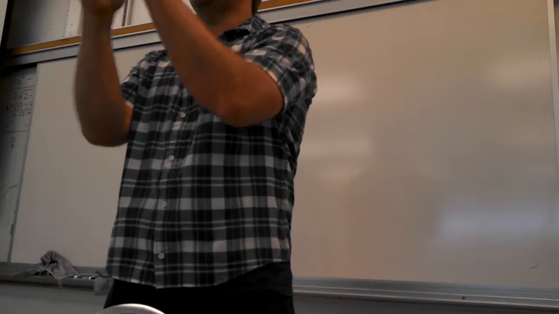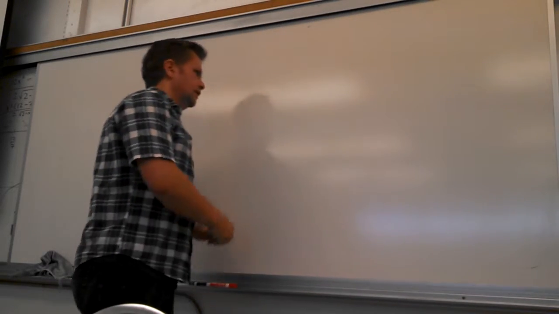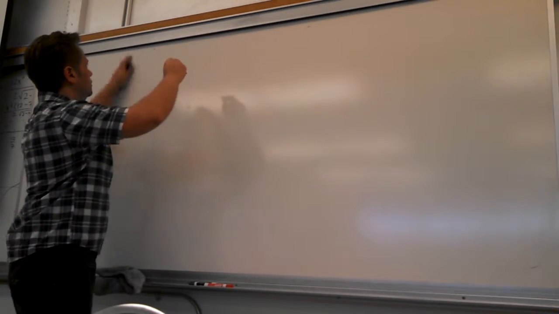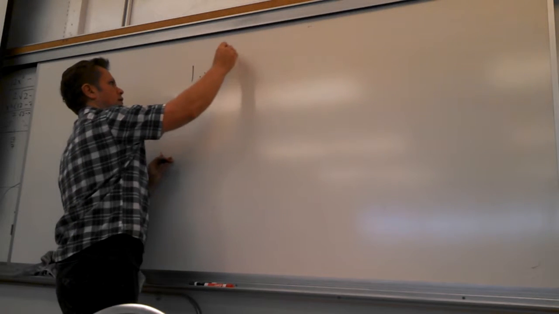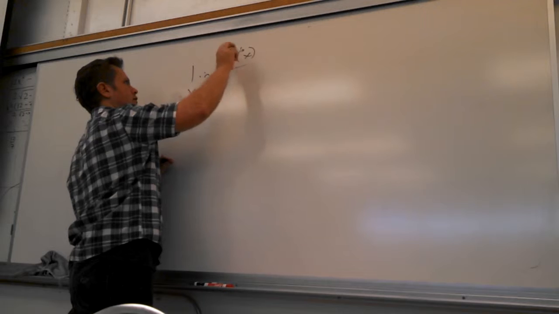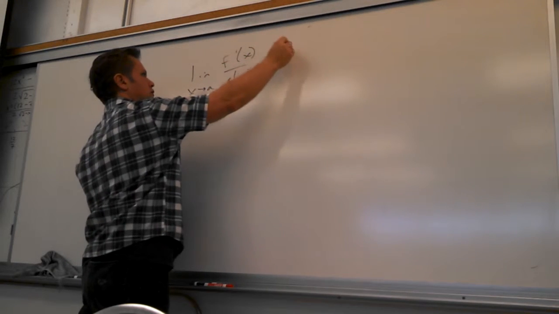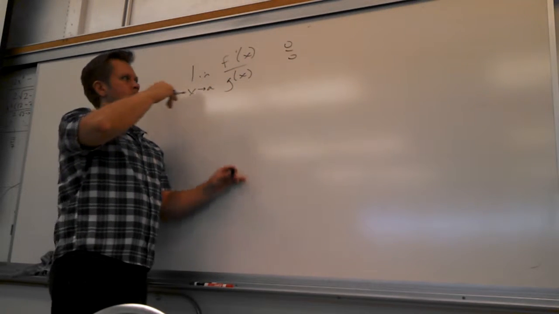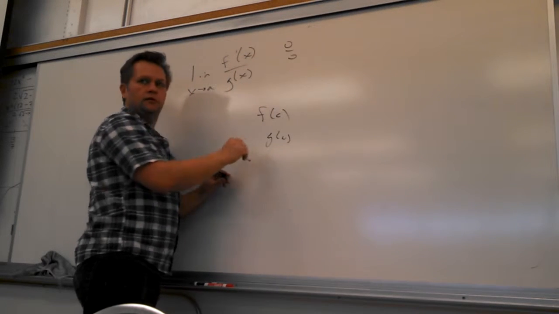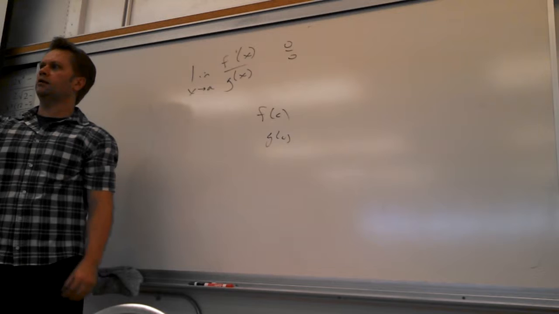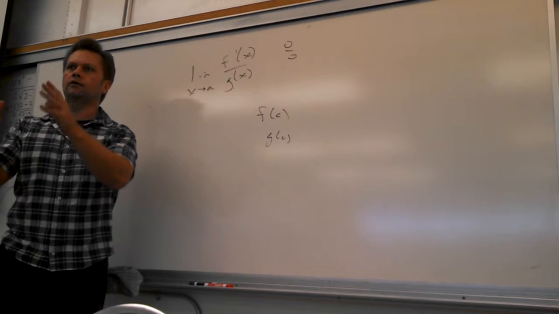Real quick, I was really upset at myself that I got turned around, but very quickly. We assumed that this was of this form, right? So when I was having trouble about the f of a and the g of a thing, my brain was just saying it could be anything, but it couldn't be anything.